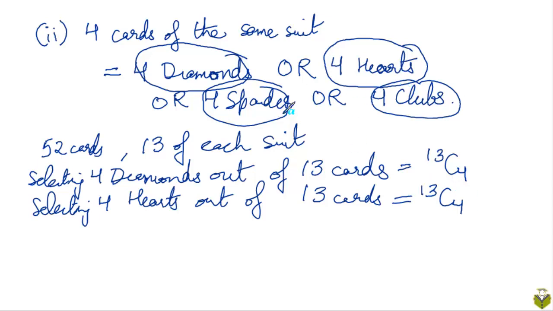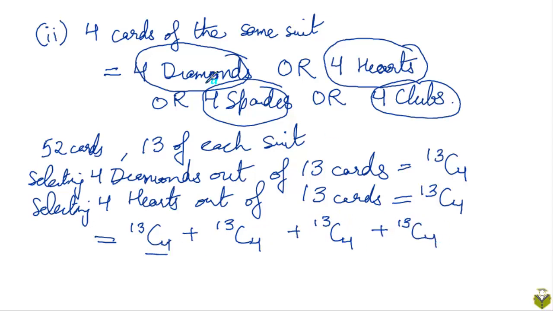For 4 spades also you will have 13C4. So the answer will be 13C4 plus 13C4 plus 13C4 plus 13C4. Each of these terms corresponds to 4 diamonds, 4 hearts, 4 spades and 4 clubs, right? Because we have to have either this or this or this or the last one, 4 clubs, we add these numbers.